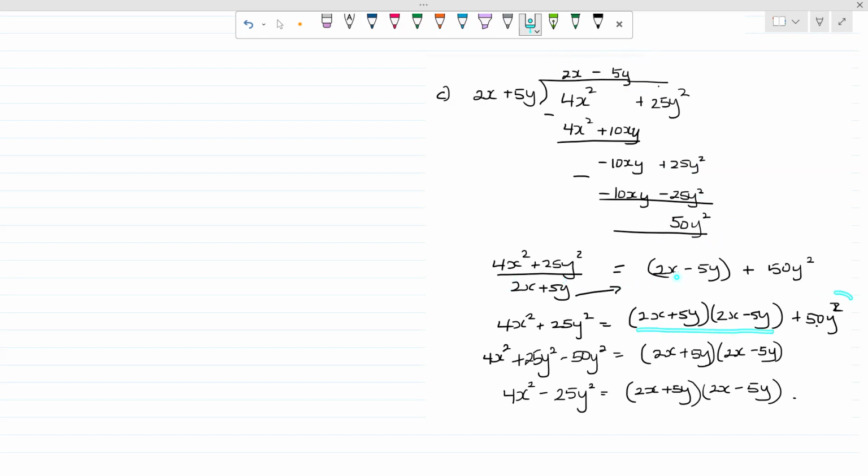And then we're going to take this plus 50y squared, and we're carrying it back across on this side. This is coming across here to give us negative 50y squared. And then we could resolve the two, and this is going to take us back to our 4x squared minus 25y squared. Is everybody clear on that? Yeah? Okay.